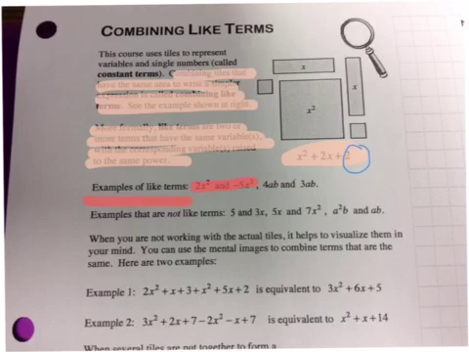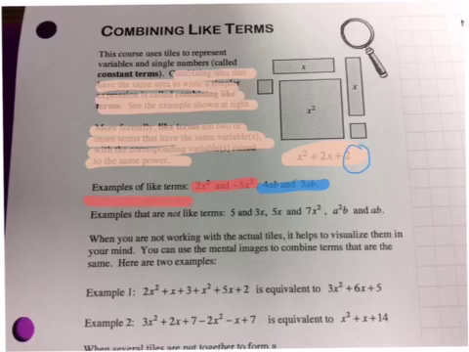They are like terms because they have the same exponent on the same variable. So then the second example they give you is 4ab and 3ab. They are like terms because they have exactly the same variables in them, a and b, and the a and the b are to the same power of 1.